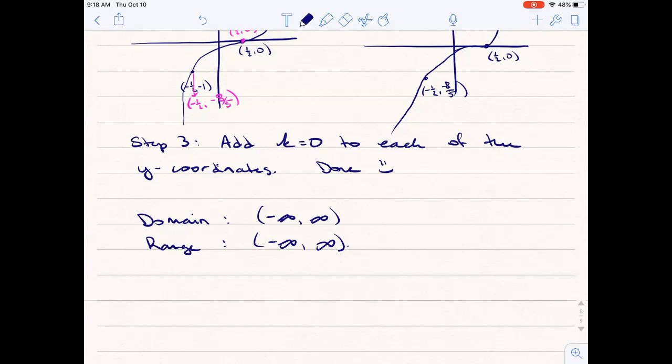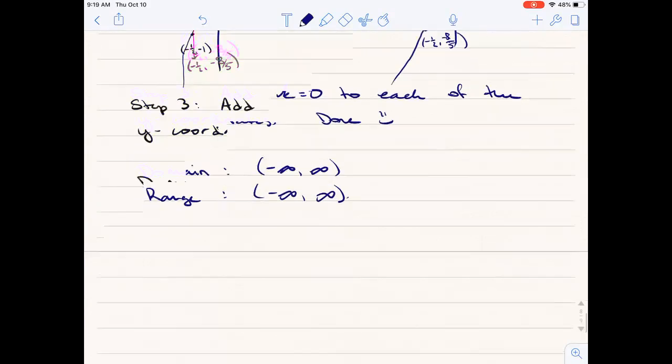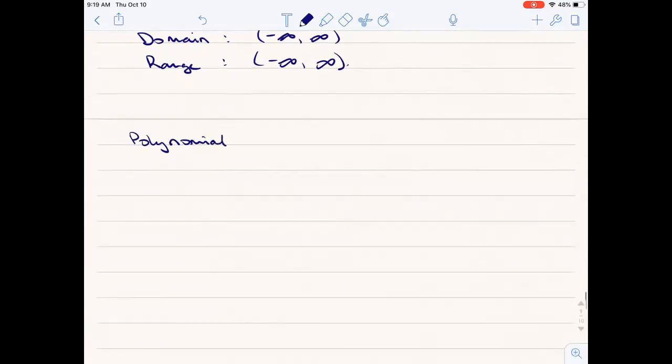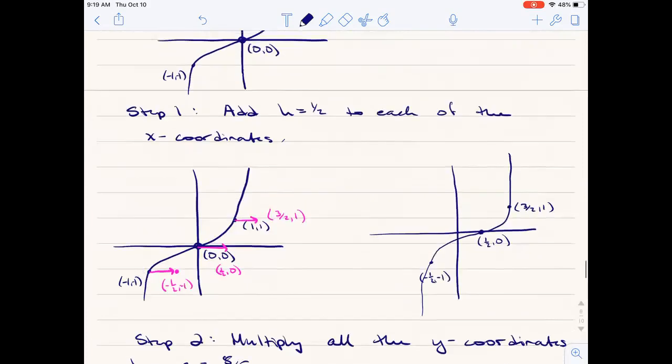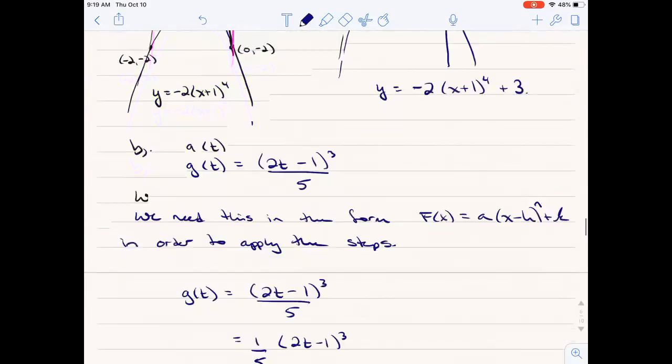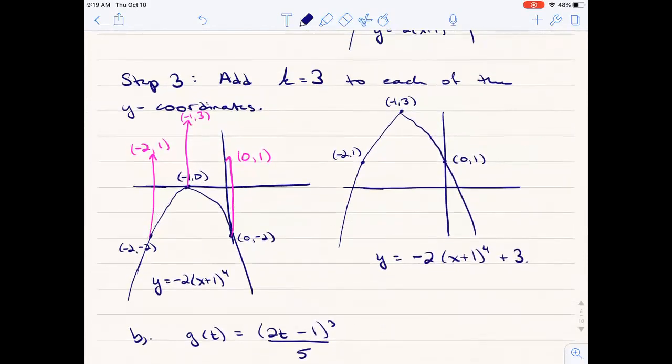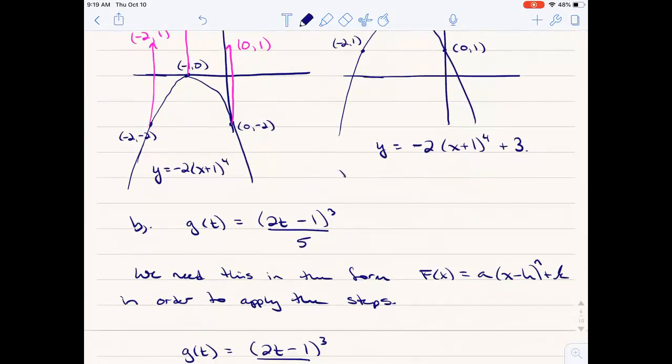All right. So let's talk about just straight up polynomials, unless there are questions before we do it. Polynomial functions. I suspect that I forgot to do the domain and range for the last one. I'll squeeze it in.